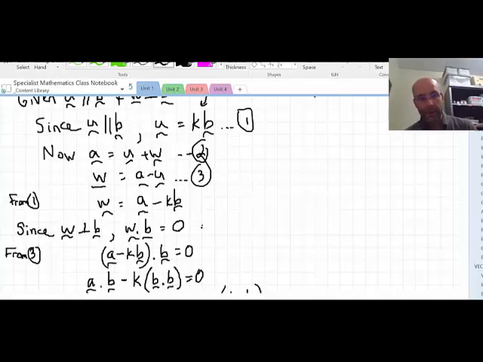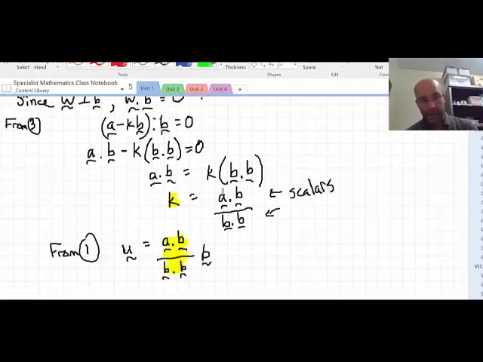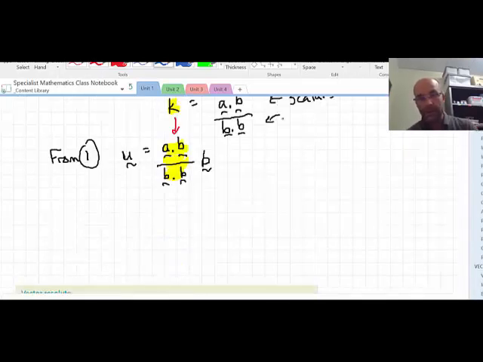So from result 1, U equals KB, and K is replaced by that.